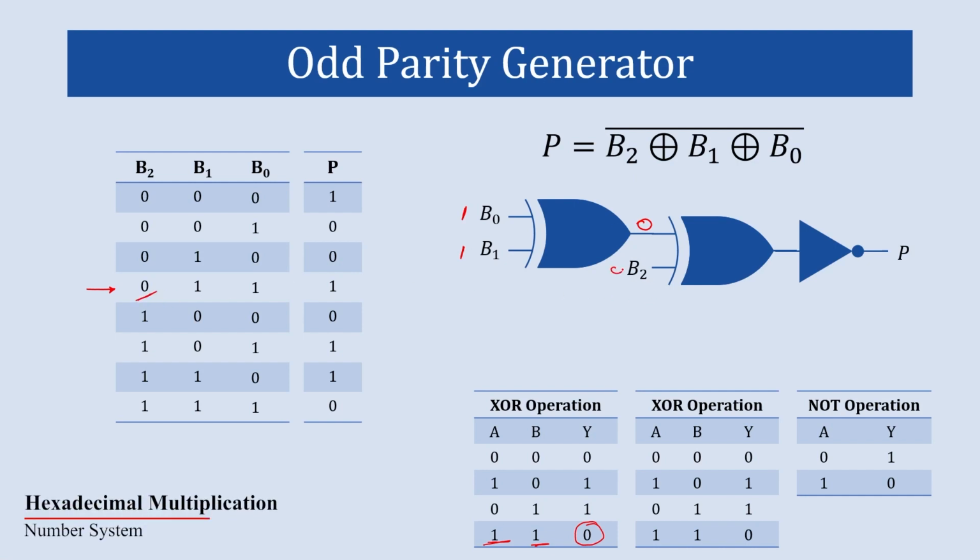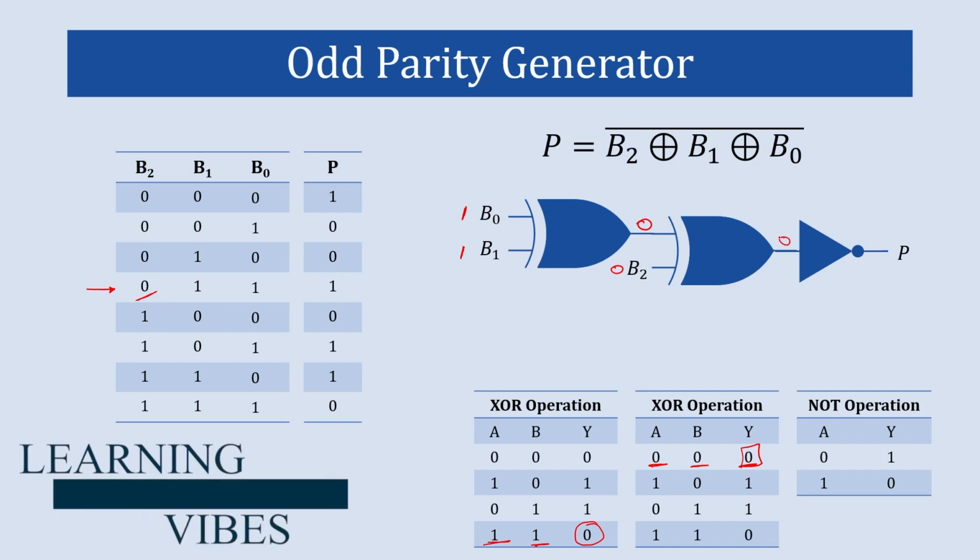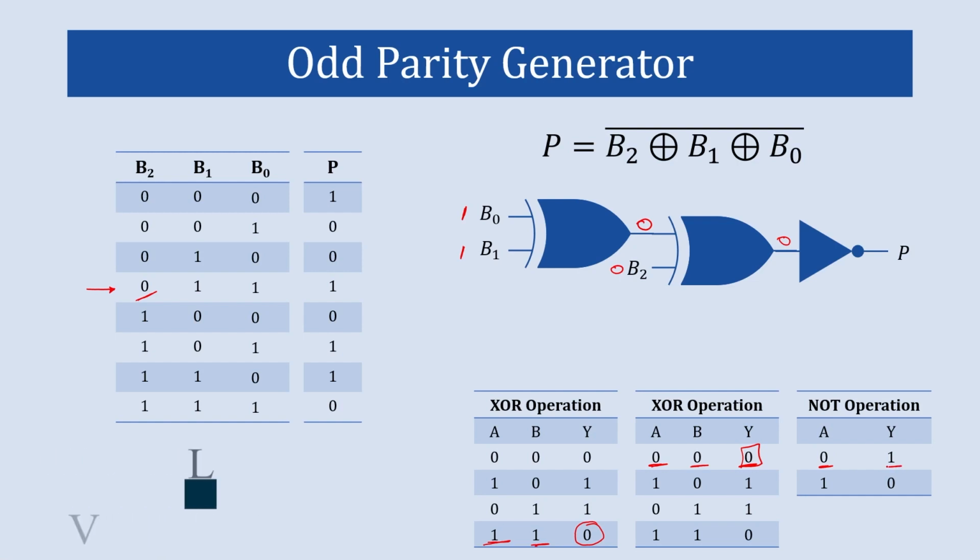So when both inputs to the XOR gate are 0, the output will be 0. When the input to the NOT gate is 0, the output will be 1. So the parity bit will be 1. So check over here whether the parity bit is 1 or not.